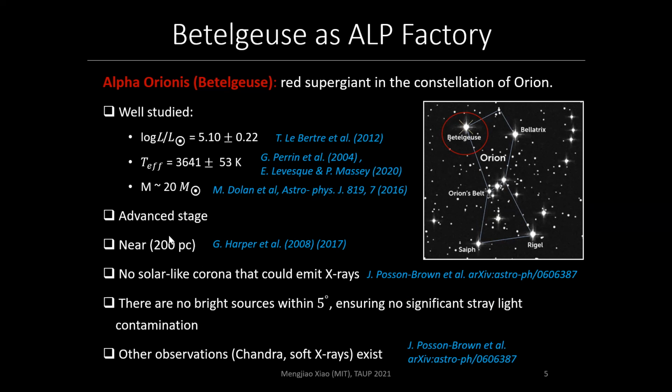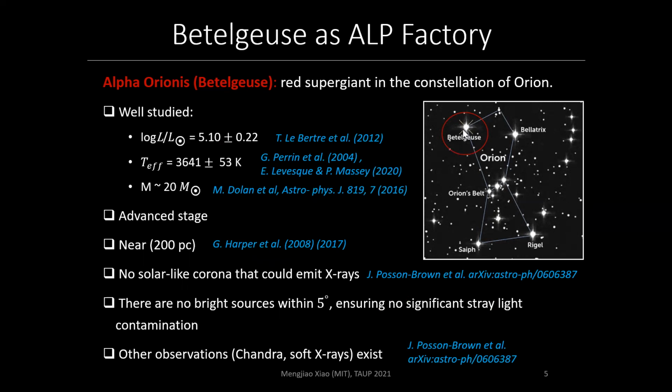Second, it is nearby, at a distance of around 200 parsecs. Actually, Betelgeuse is one of the nearest stars to the Earth. In addition, Betelgeuse doesn't have a solar-like corona, which would always emit X-rays, and there are also no bright sources around.